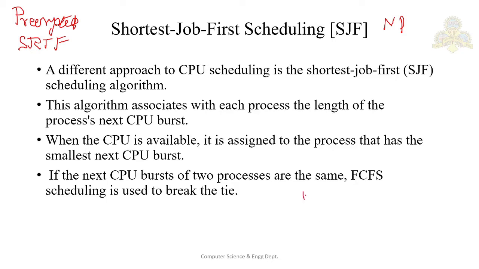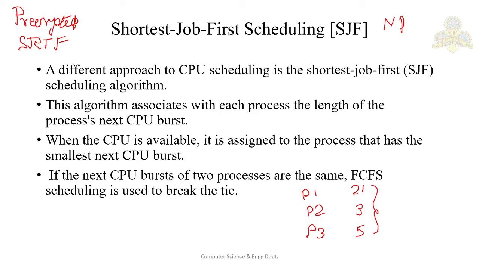For example, consider we have three processes P1, P2, P3 with burst times 21, 3 and 5. If we were using FCFS, we would take P1 first, P2 next, then P3 last. In SJF, you focus on the burst time, not the order in which the processes arrived.